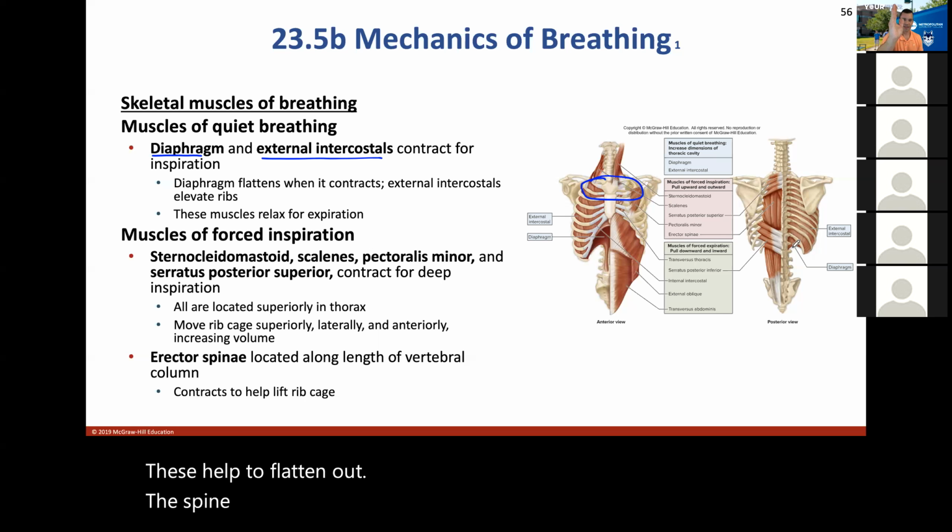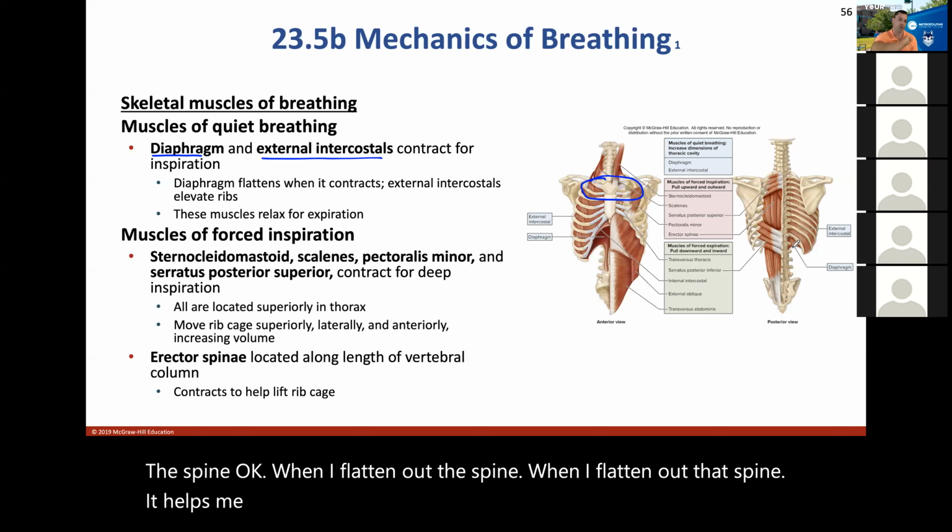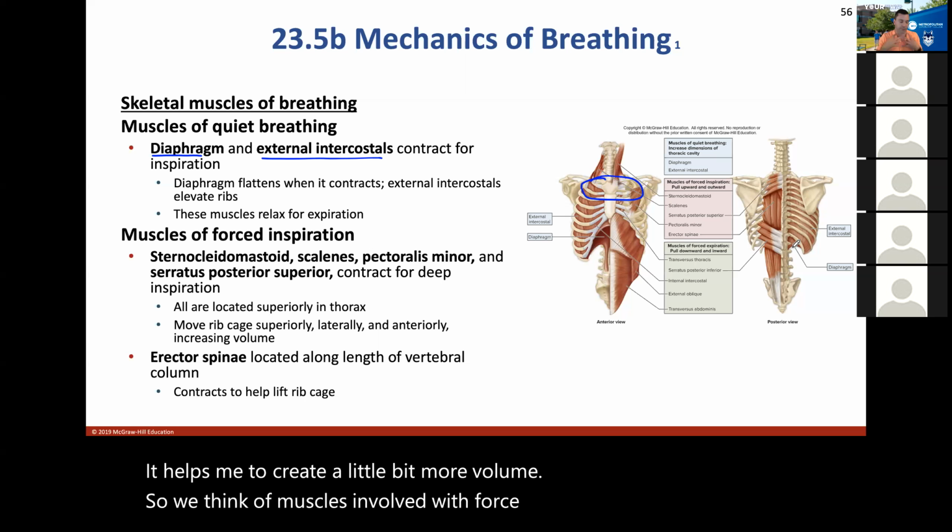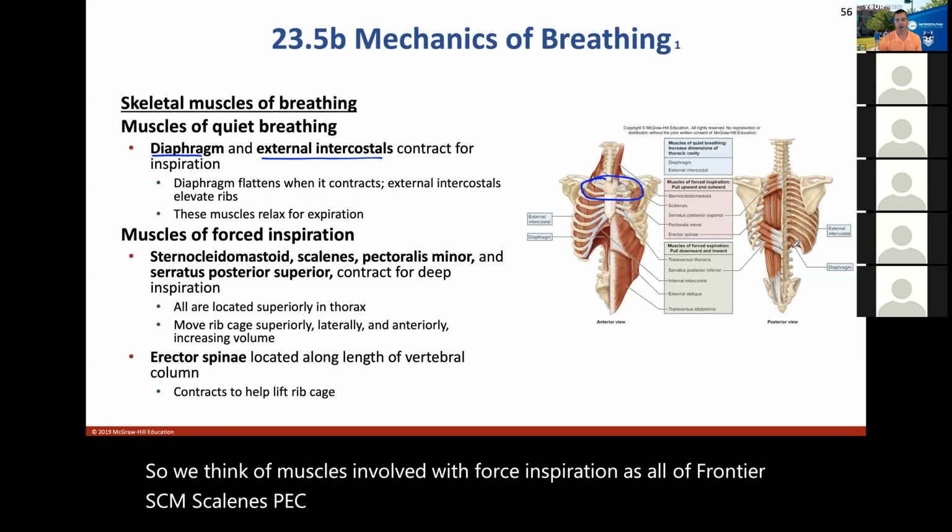When I flatten out the spine, it helps me to create a little bit more volume. So we think of muscles involved with forced inspiration as all up front here: SCM, scalenes, pec minor, but there are a number of other ones as well, okay? And that's all I'm trying to impress upon you here.